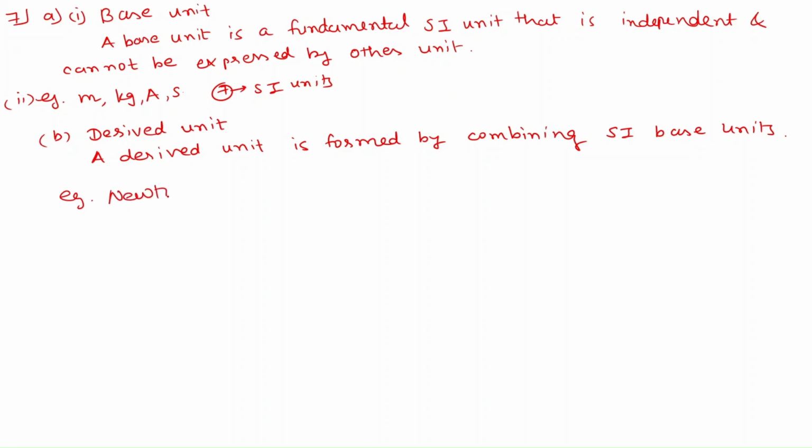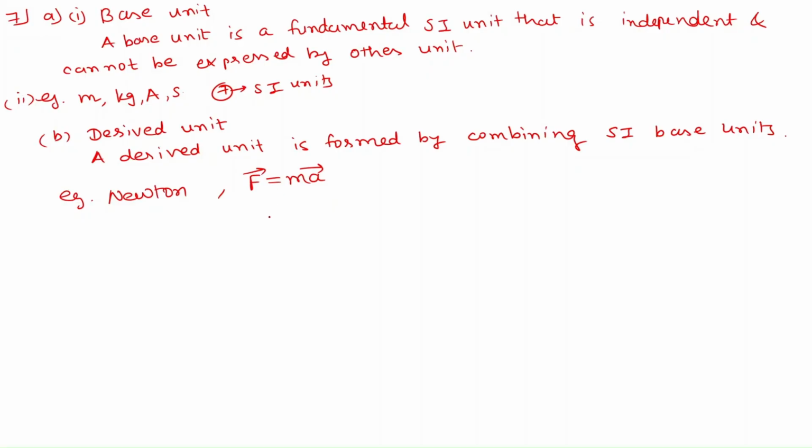Newton is a unit of force. Force is F equals ma, which is the quite famous equation given by Newton's second law. Force is a vector quantity, so I put an arrow on it.